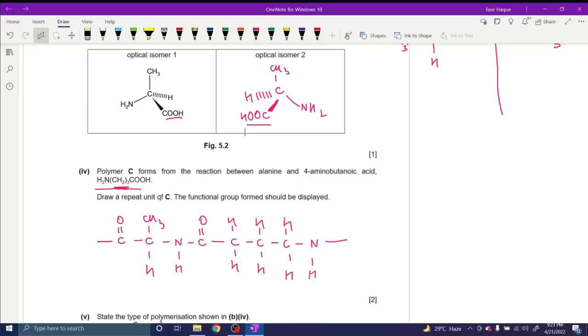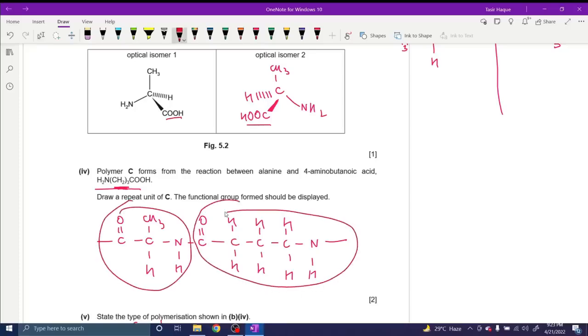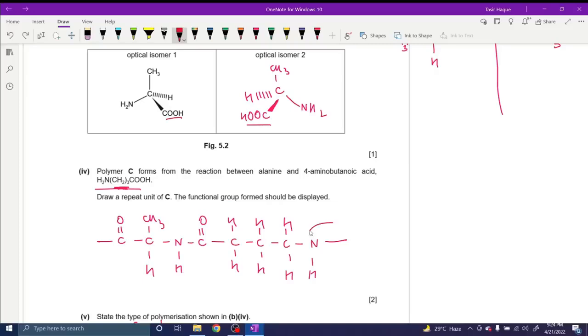Draw a repeat unit of C. The functional group formed should be displayed. So I put alanine first. This is alanine, and this part is 4-amino-butanoic acid. So I use the amine group of alanine and the carboxylic acid group of 4-amino-butanoic acid, and I put the dangling bonds on both sides. Okay, for repeat units you need to show these dangling bonds.